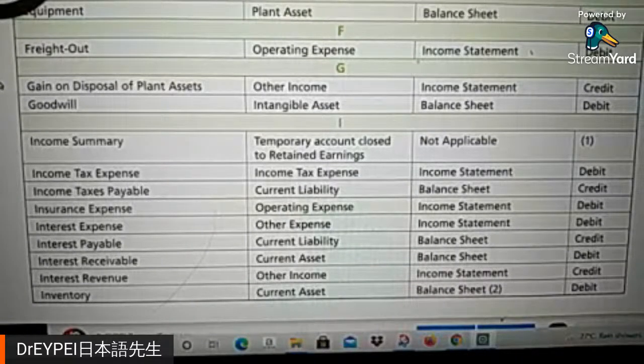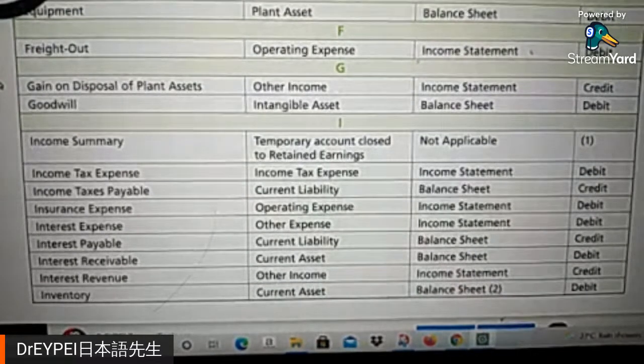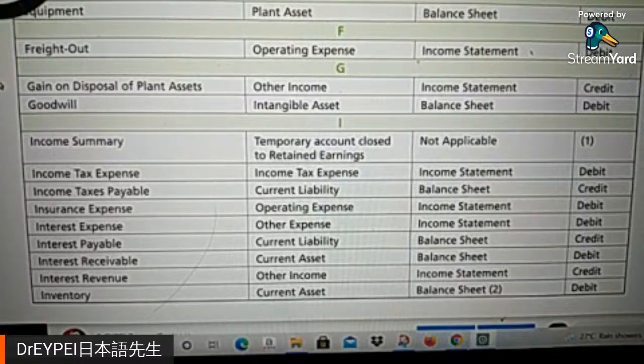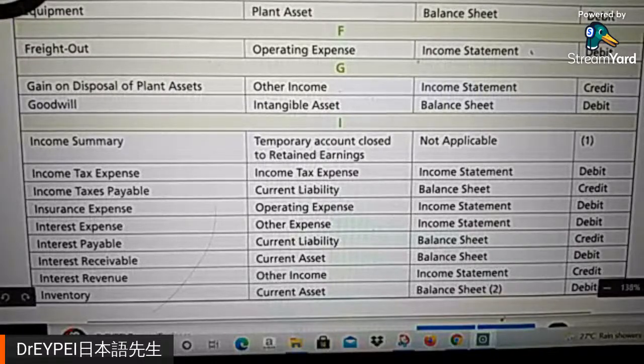So that is not a plant asset. Plant assets are those equipment that you use and set up on a floor because it is big, or set up on a wall. So it is huge compared to other types of equipment or devices.